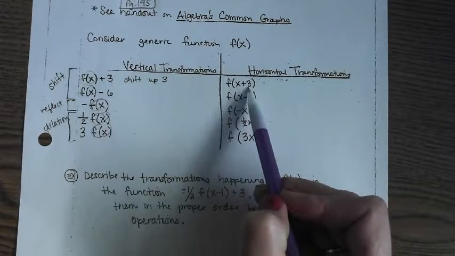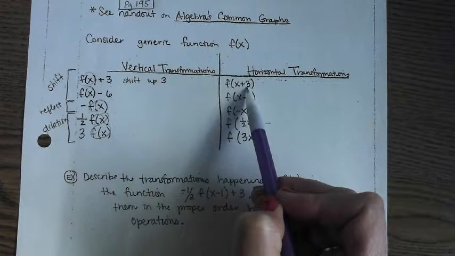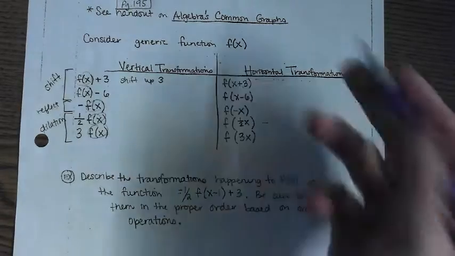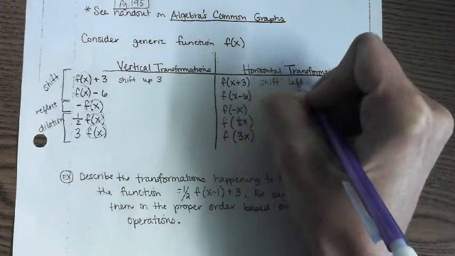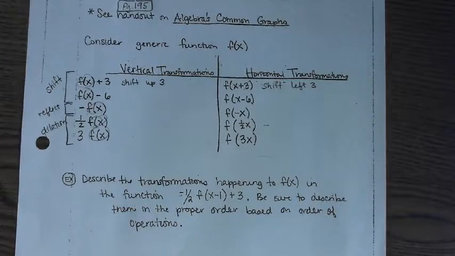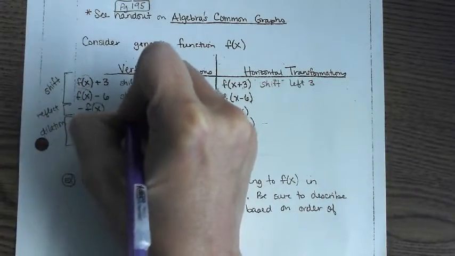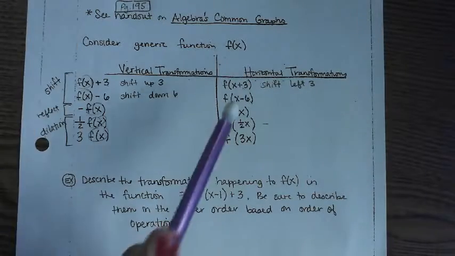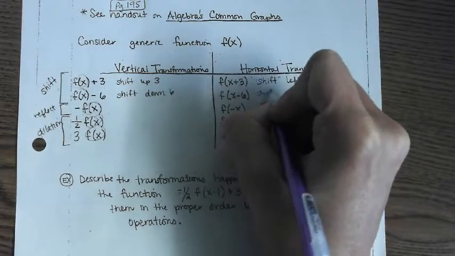Most people would think plus 3, if you're thinking about horizontally, that's going to move you 3 units to the right. But knowing that everything horizontal is backwards, this actually means shift left 3. Subtracting 6 after the function shifts down 6. And subtracting 6 within the function means shift right 6.